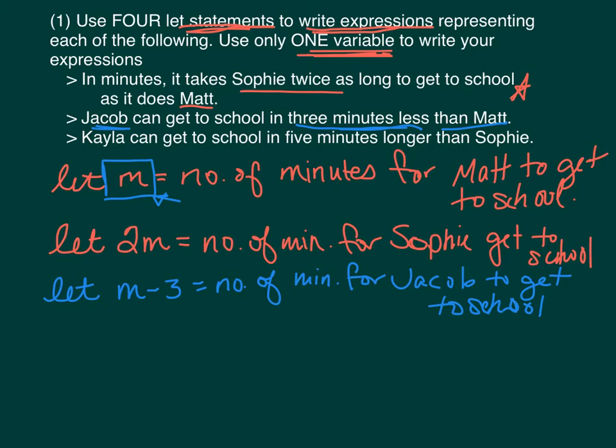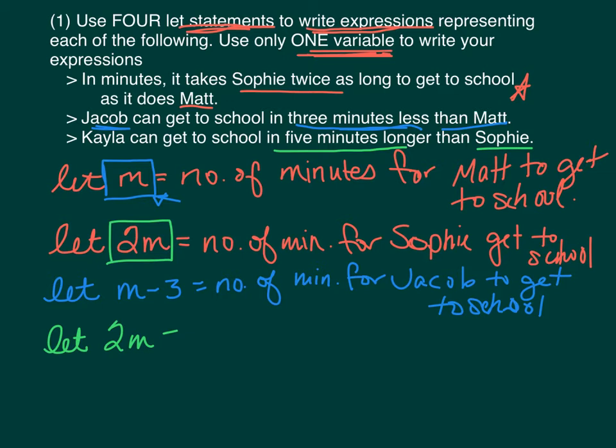And then the last one, we have Kayla. Kayla can get to school in 5 minutes longer than Sophie. So we have to go back and see how long it takes Sophie to get to school. 2m. So we know we're going to be starting with that. We've got 2m and 5 minutes longer.